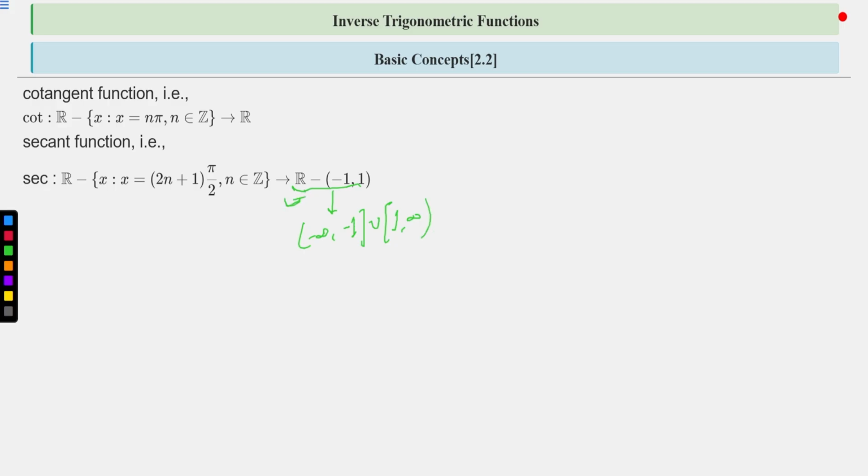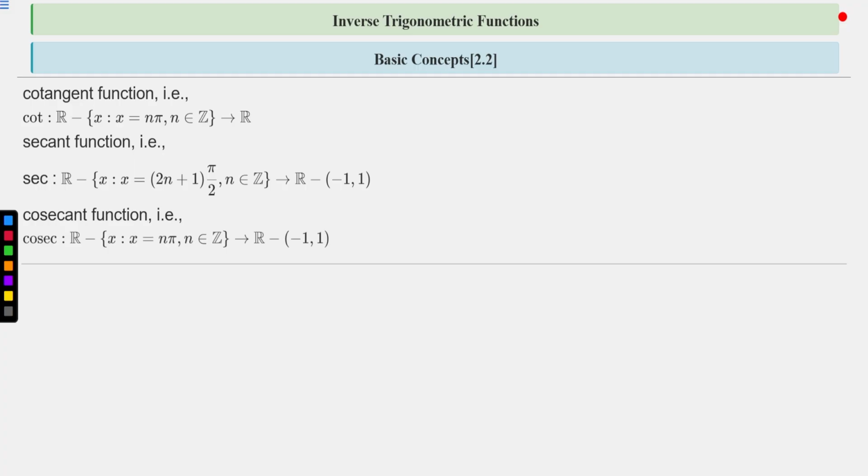We can write this as well and this as well. Both are the same thing, right? Okay. Cosecant function, that is cosec theta, is defined from all real values except n pi to all real values except -1 to 1, right? So we have seen the domain and ranges of different trigonometric functions.